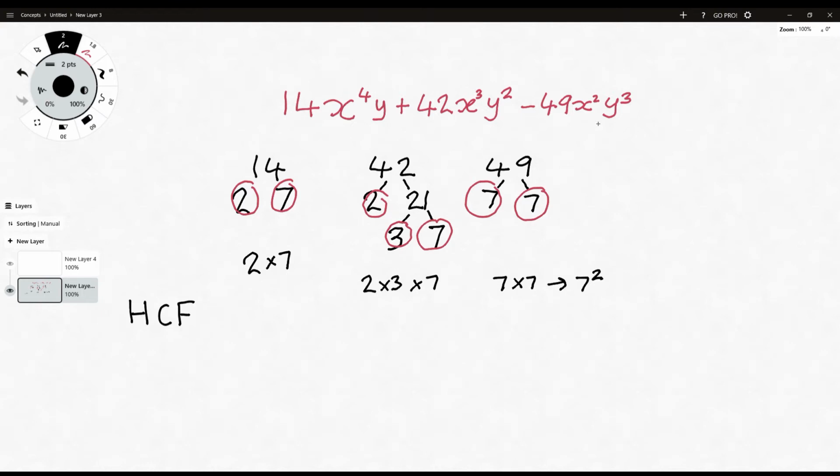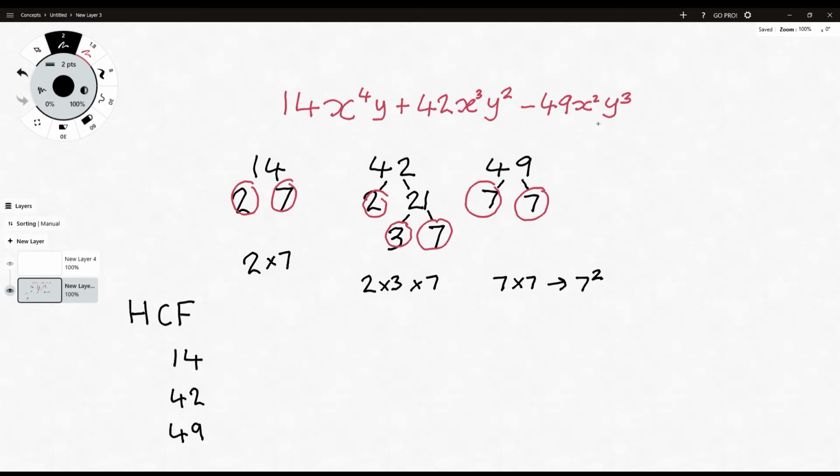There are many ways you can do it. This is the long way, but I'm going to write the 3 numerical parts of the terms down below. This is just opening things up. We start with the 14, and what we're trying to do is line up all the common factors in columns.